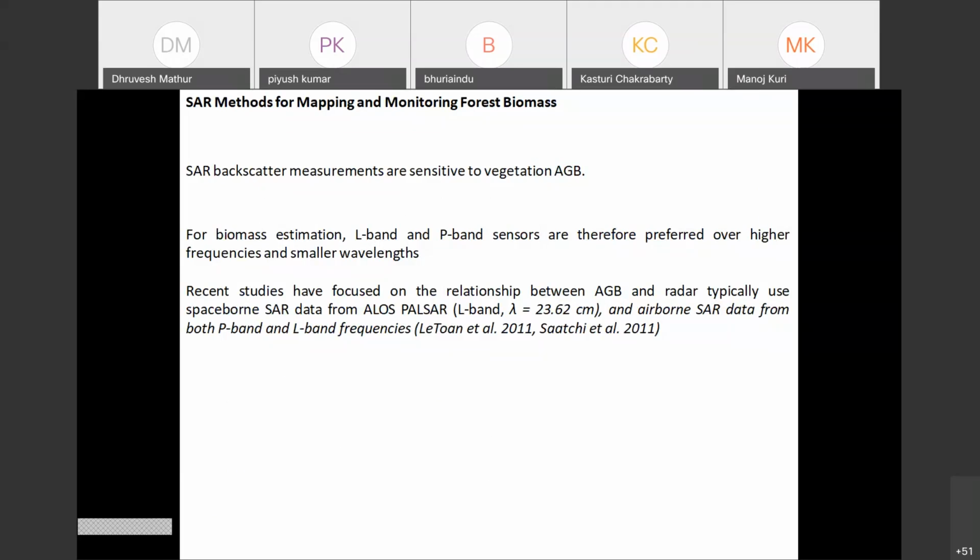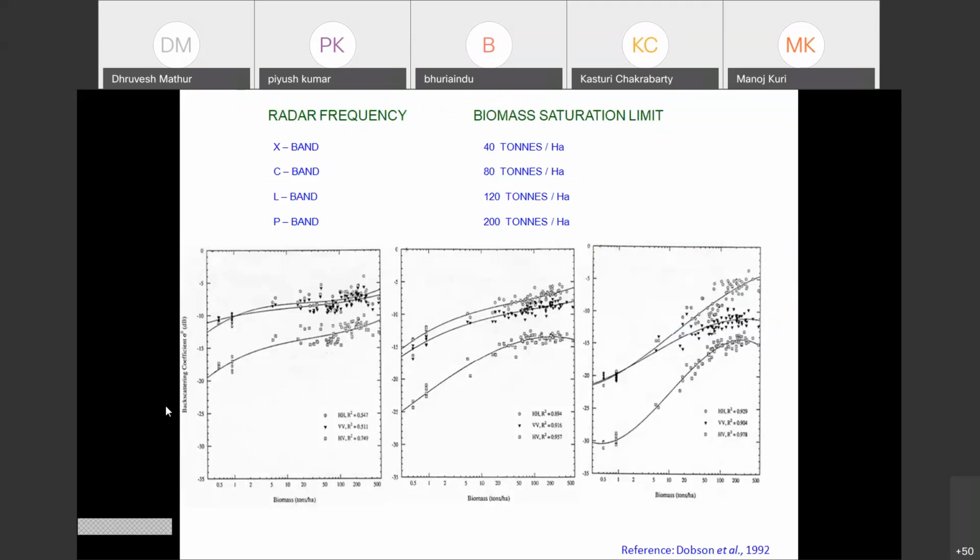Various studies have shown that the X band can bring out the biomass in the forest up to approximately 40 tons. Then C band can go up to mapping up to 80 tons.